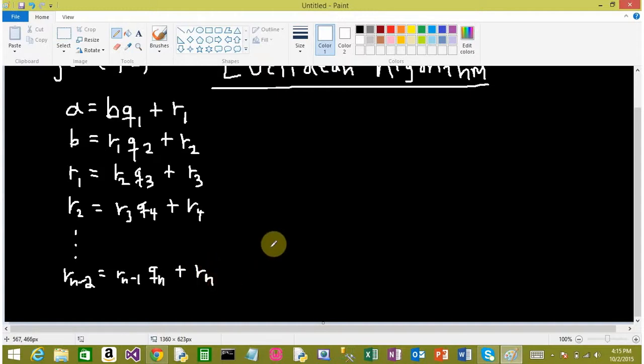Now at some point when we continue to divide, eventually our remainder is going to become 0. So this value of Rn is going to become 0, and we can make this term vanish because it's 0.